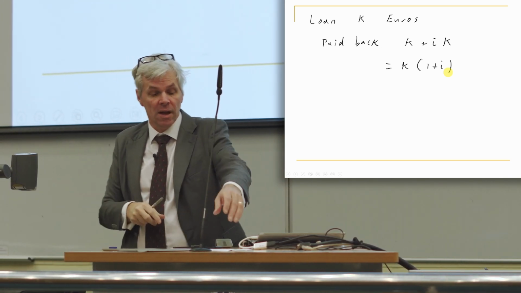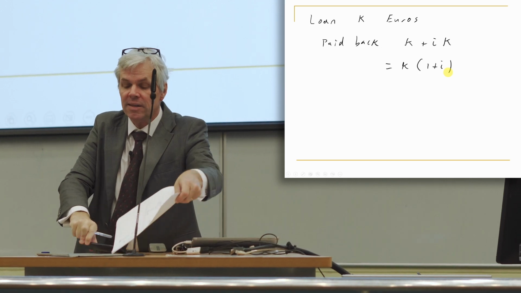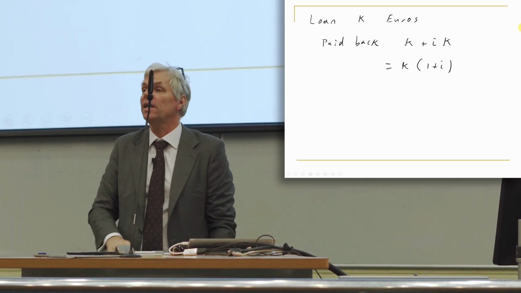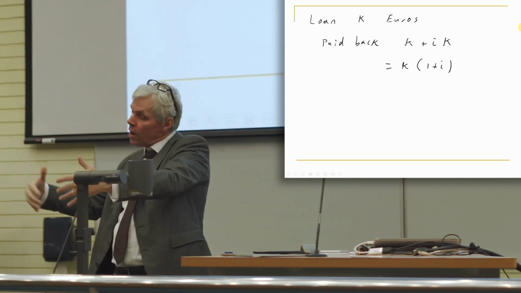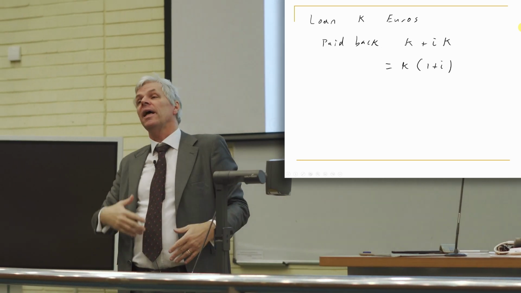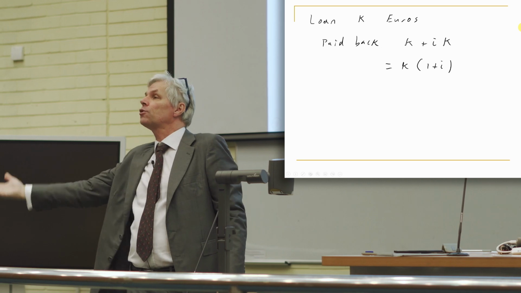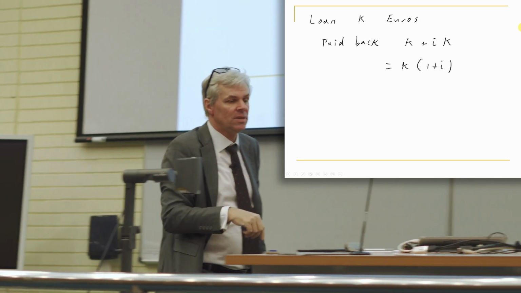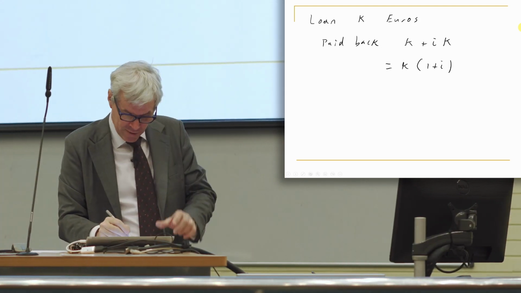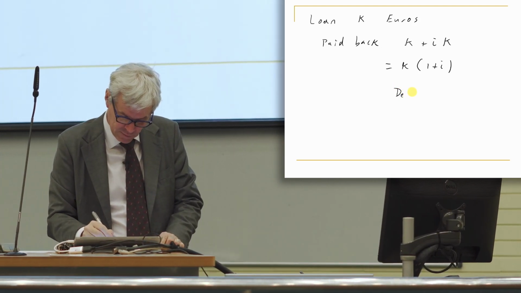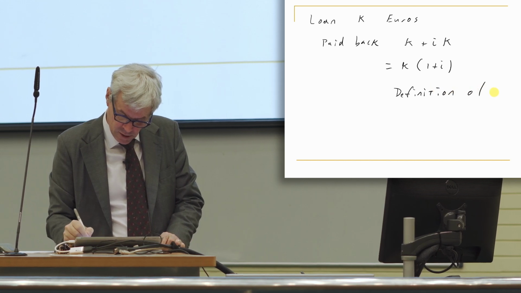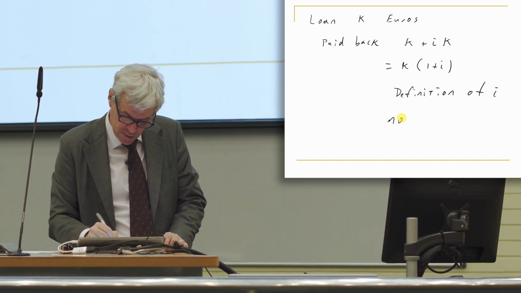Okay. Now, the real interest rate is the same thing, except in terms of stuff. So if I loan you a trolley full of goods, at the end of the year, how many trolleys full of goods do you have to pay me back? Here we have the definition of i, the nominal interest rate.